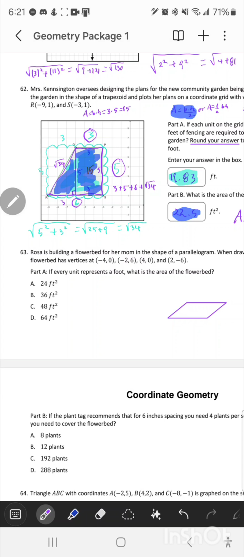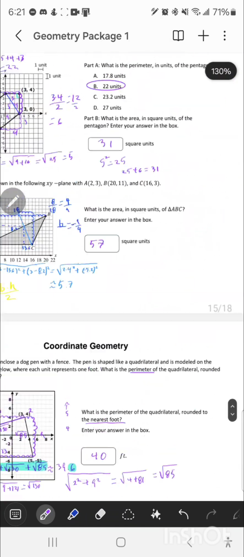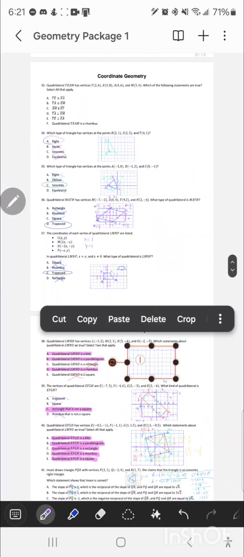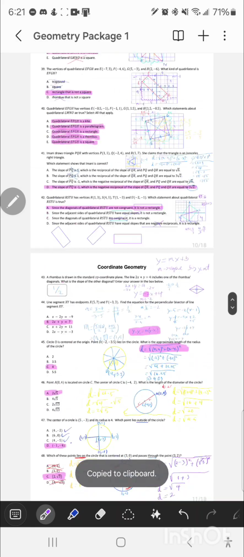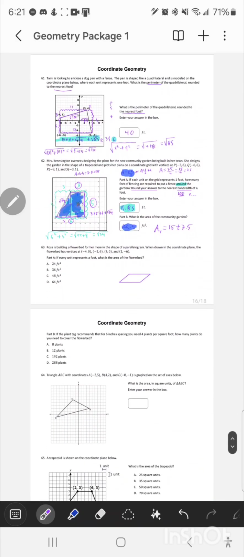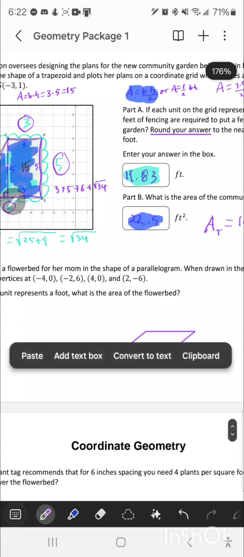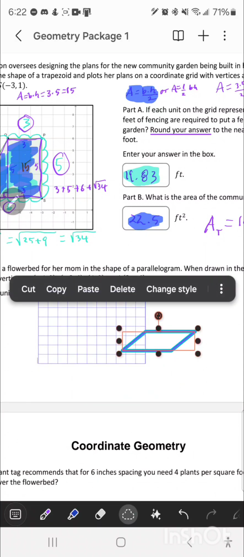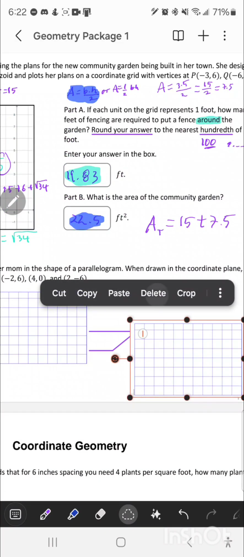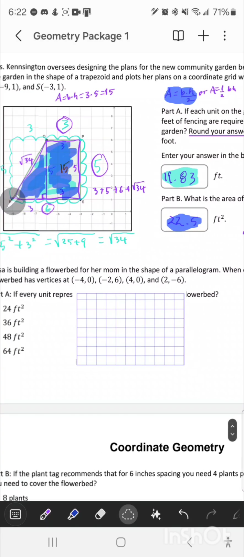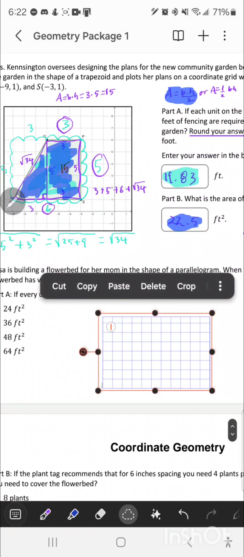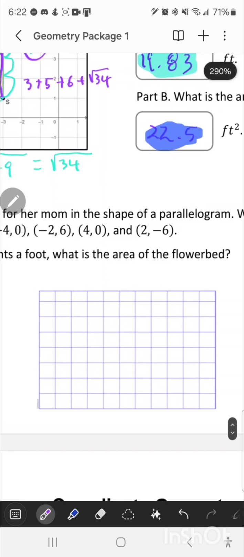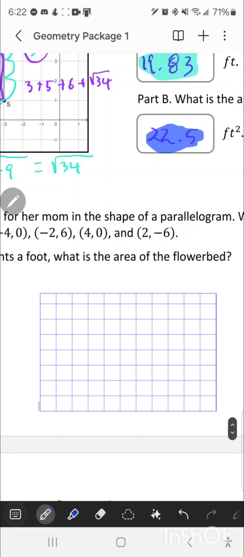Now, okay, I'm going to go back. It's going to be easy for you, one of these. Going from -4 to 2 and -6 to 6.